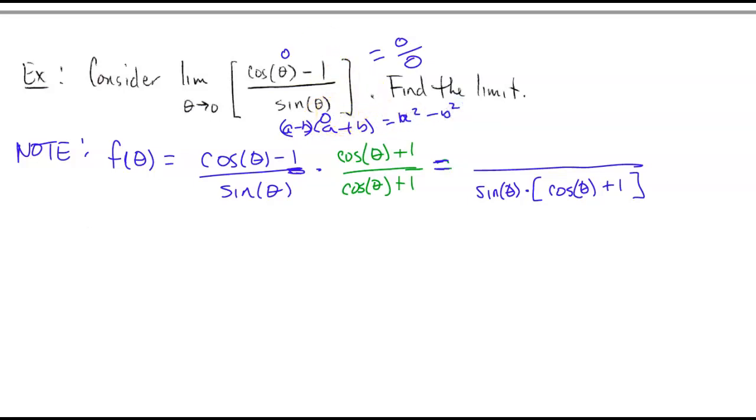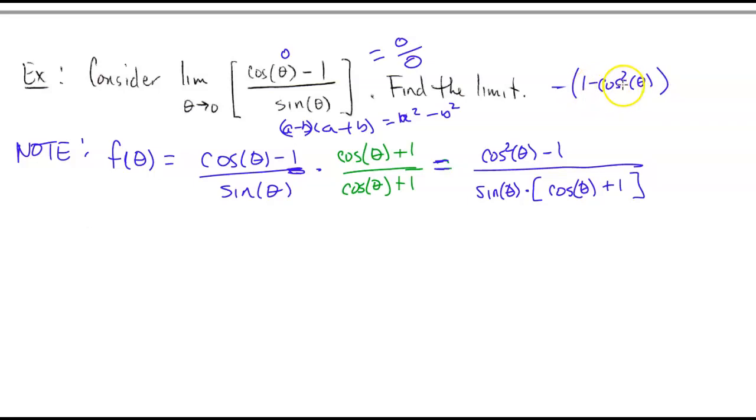Okay, so we know that this is just going to end up being cosine squared theta minus 1. And we know that cosine squared theta minus 1 is the same as minus 1 minus cosine squared theta.